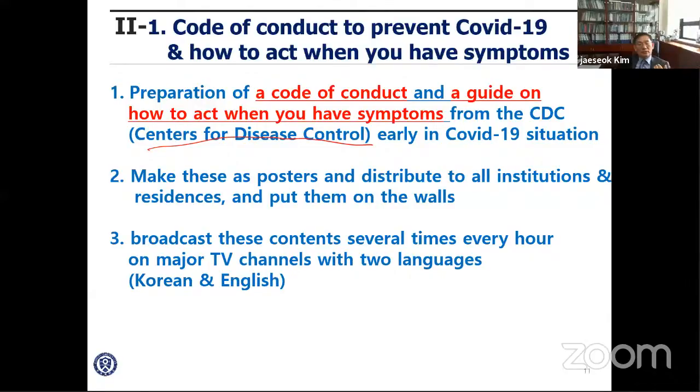And we asked people to put them on the walls and in the elevators. Cities also broadcast these contents several times every hour on major TV channels in 2 languages, Korean and English, on the bottom line of the screen.